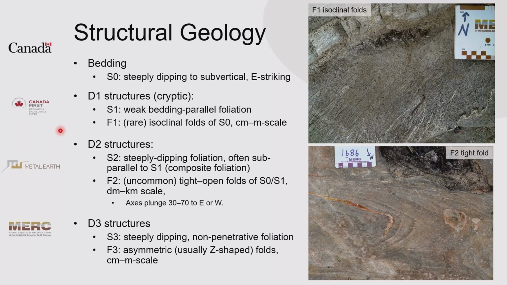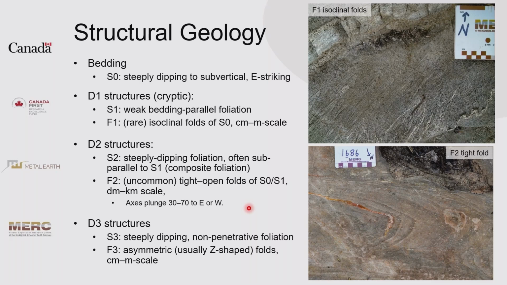Only in a few places, such as the photo on the bottom there, do we see any relationship between the two. This D2 structure has a very variable plunge. Usually, as we go from the margins into the center, the plunge appears to get shallower. And then D3 is the common late dextral overprint that we see in most of these greenstone belts.